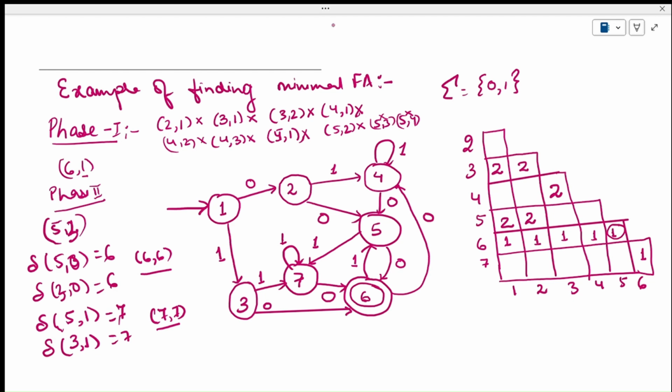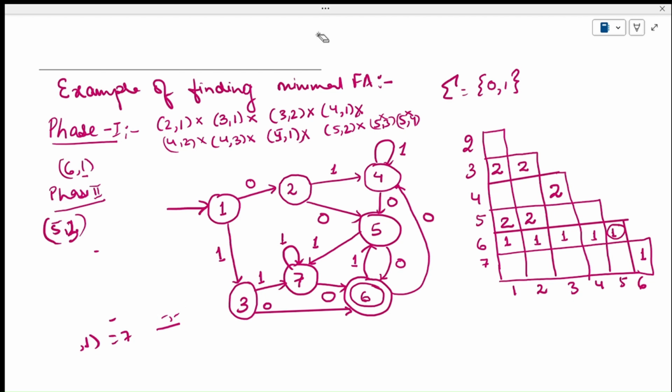So just note down somewhere that 5 3 is never going to be marked. This I will write here, that 5 3 will never be marked. And similarly we had, I think, 4 2, which was giving the output like AA type.